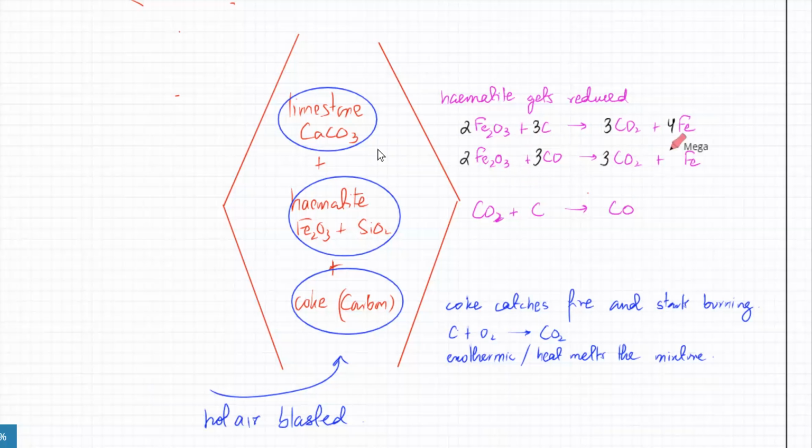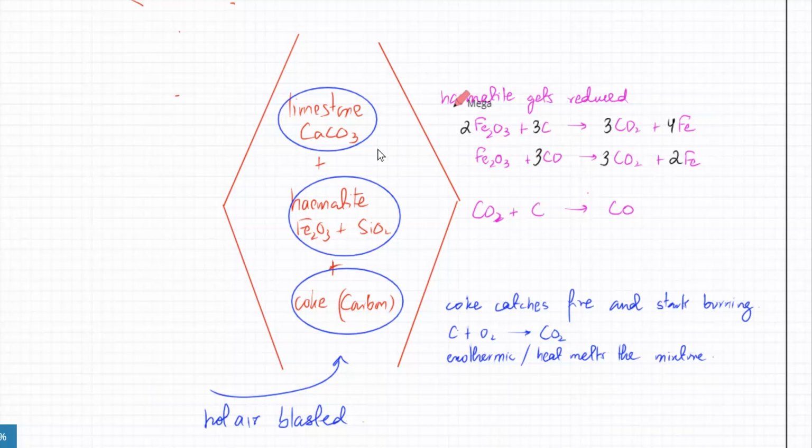That's 6 oxygens, so the first equation is balanced. What about the second one? In the second one, there's only one Fe2O3, with 6 oxygens, 3 carbons, 3 carbons, and this should be 2 Fe's over here. That's it. Now this equation looks balanced.